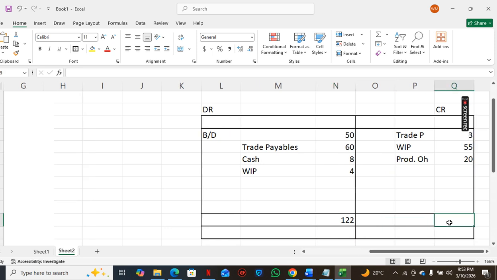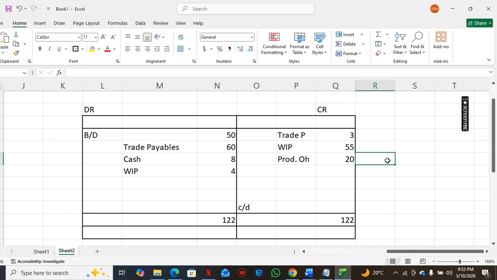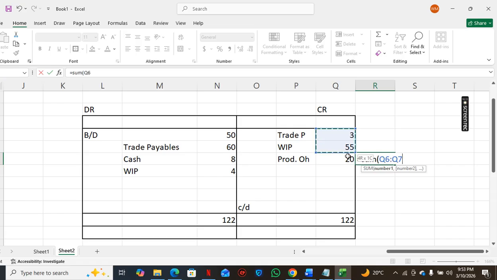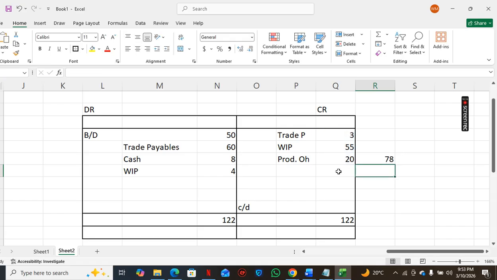So this amount you also put here, 122. Then remember the balance carried down. You're just subtracting the total for the debit minus the total for the credit. Let me just get the total for the credit: 78.